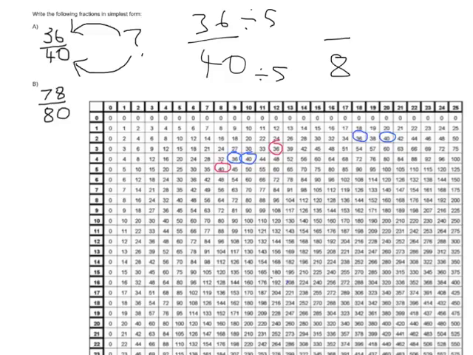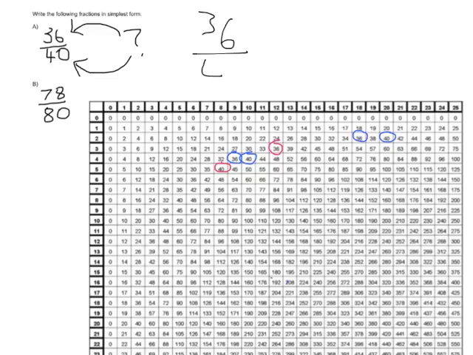So let's try what we've circled in blue. So 36 over 40. We'll try the multiples of 2. So 36 divided by 2 is 18. So 18 is an equal number. There's no decimal there. It's a whole number.